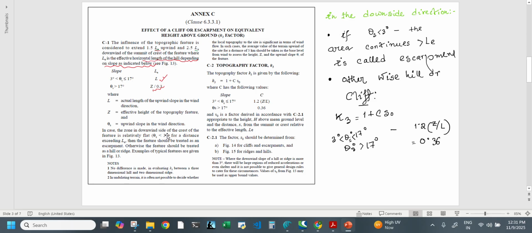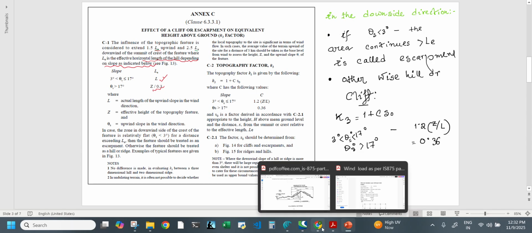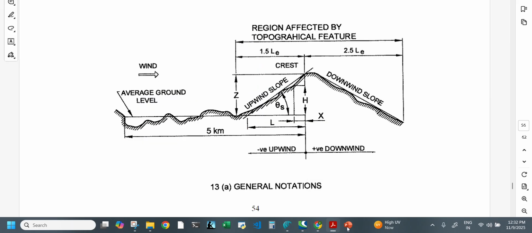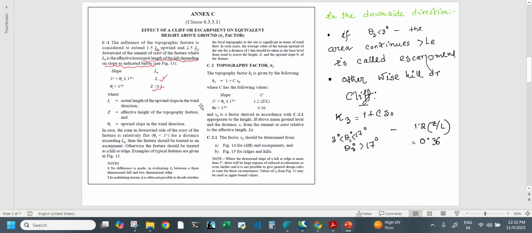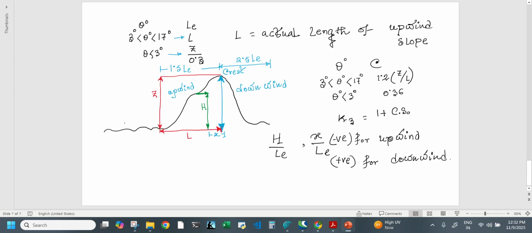In case of the zone on the downwind side, if the crest of the feature is relatively flat for a distance exceeding LE, the feature should be treated as an escarpment. That means in the downwind direction, this is the slope, and after that there is a flat area.